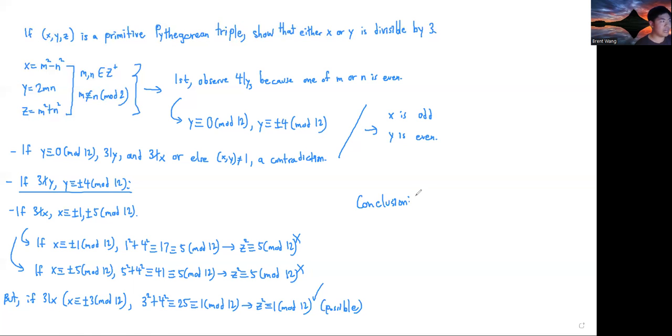So we can conclude, hence, if x, y, z is a primitive Pythagorean triple, then either x is divisible by 3 or y is divisible by 3.